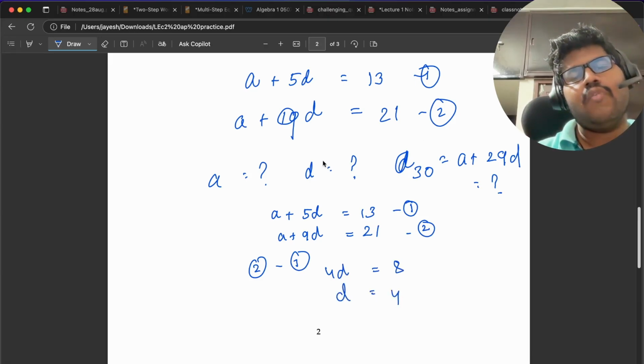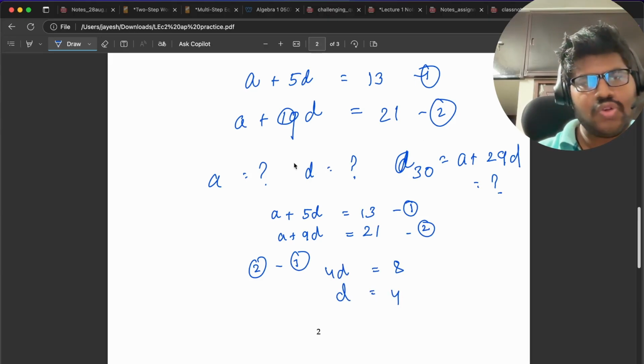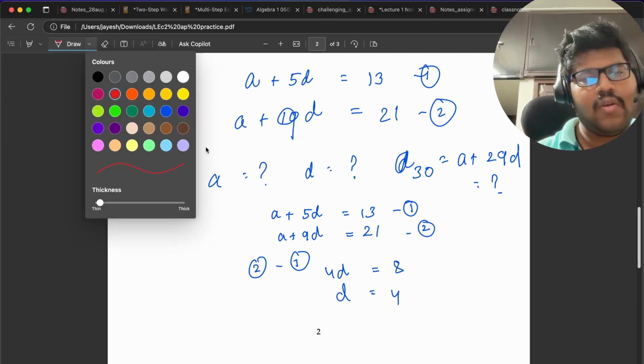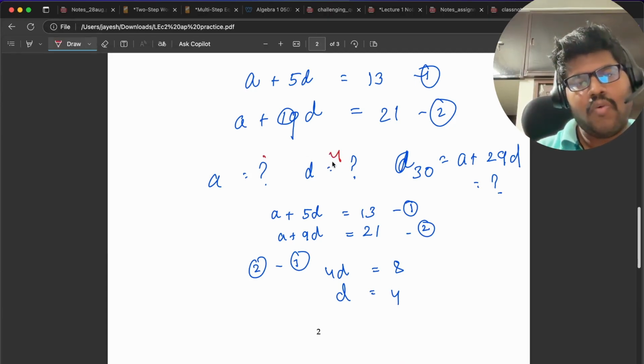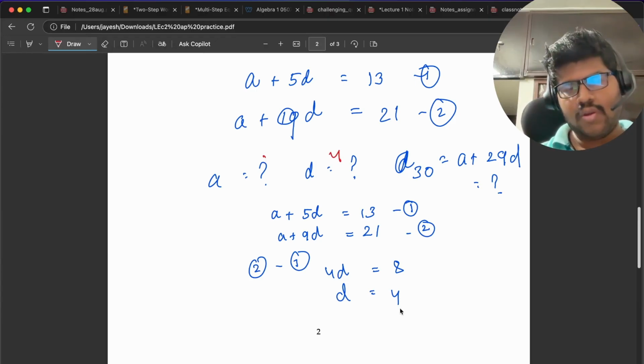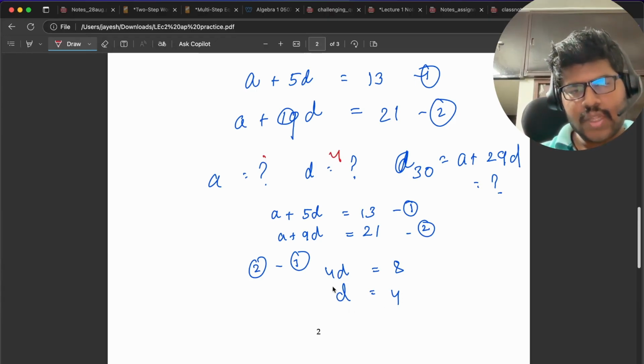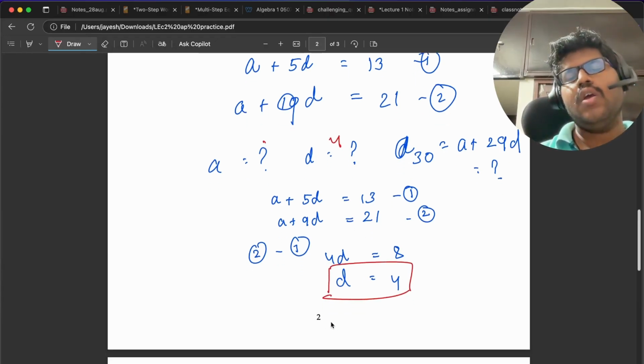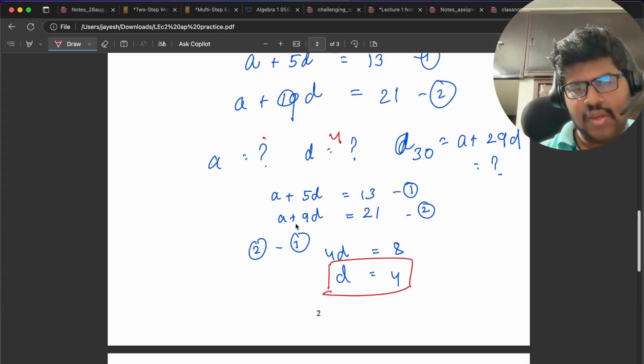Now we have the value of D, which is 4. Putting the value of D in any of the equations, I get A plus 5 times 4 equals 13.